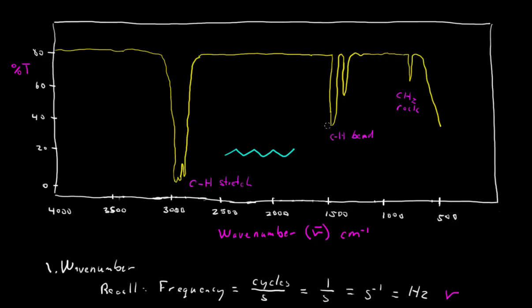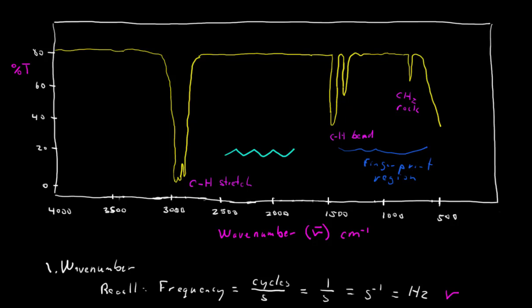So the region below about 1500 centimeters is known as the fingerprint region. So I can highlight that. This region where we see lots of bending and rocking and different types of vibrational frequencies is known as the fingerprint region. And the reason for that is this isn't so diagnostically useful, except for the fact that, as you would expect from the name, the fingerprint region is unique to each different type of compound.